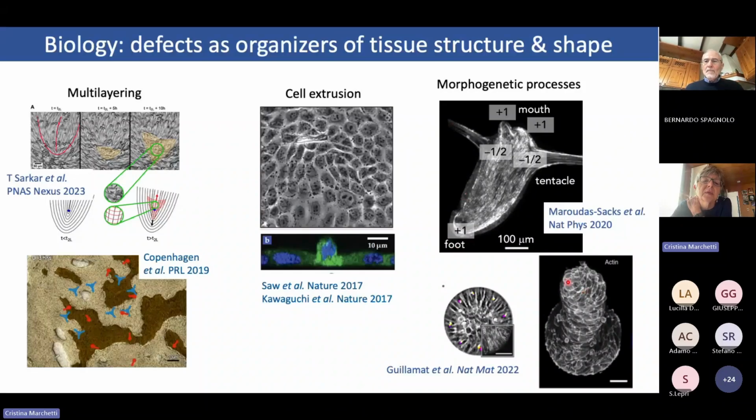And this is another example of constrained cells that actually form a finger-like protrusion at the location of a +1/2 defect. So there's a lot of interest in trying to understand what drives this kind of shape change and these phenomena in general.